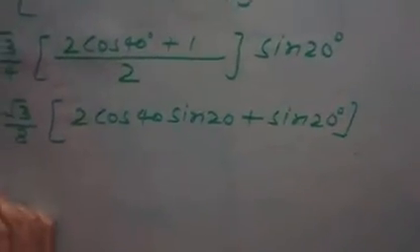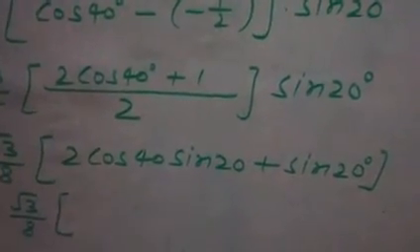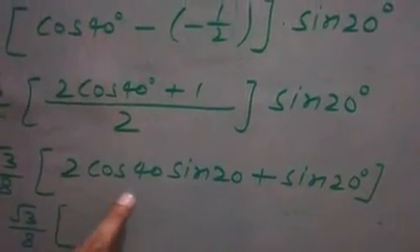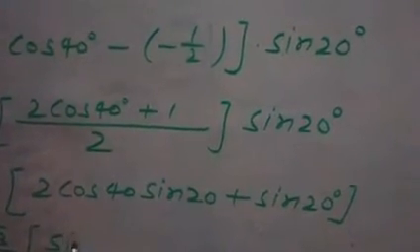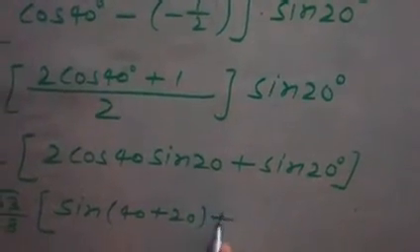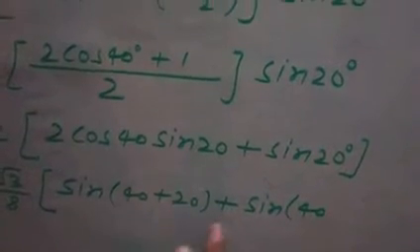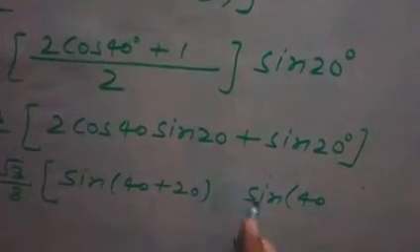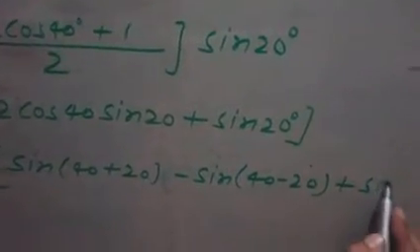After that, here root 3 by 8, and we have to apply the formula of 2 cos A sin B. The formula of 2 cos A sin B is sin (A plus B) minus sin (A minus B), plus sin 20.